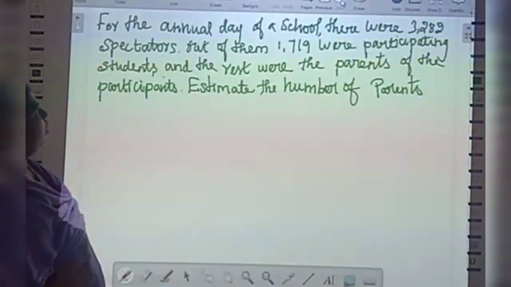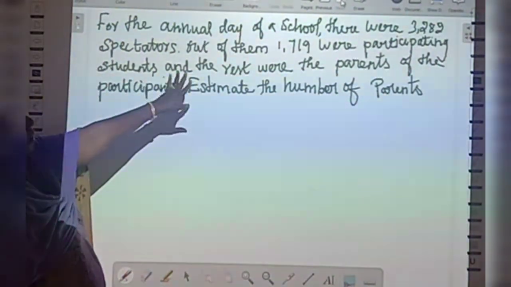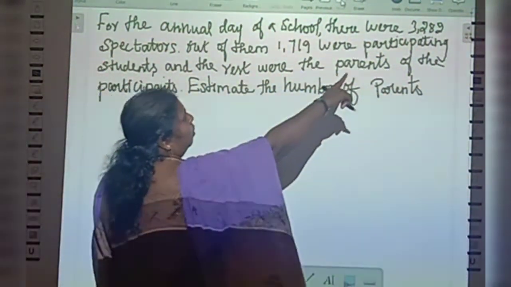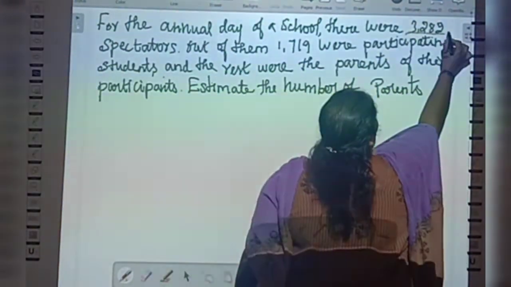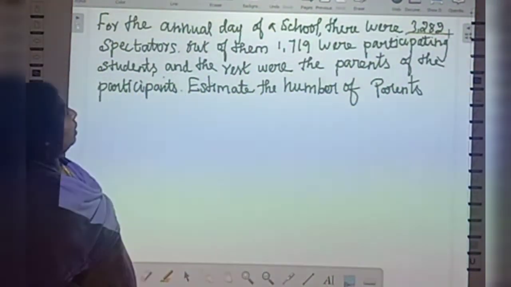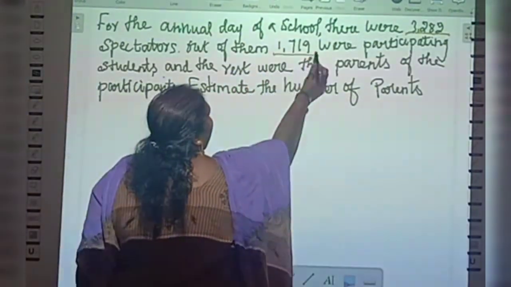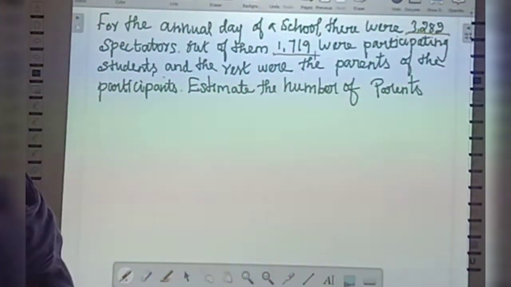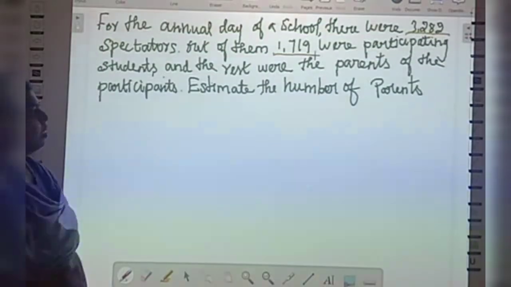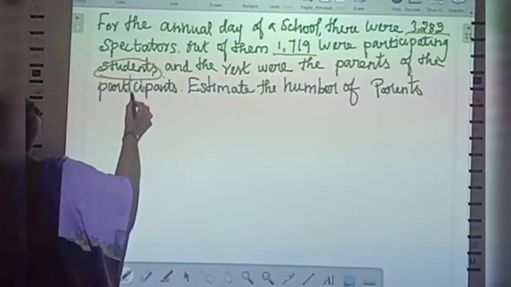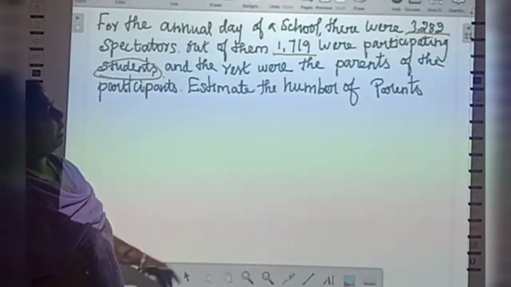Do you understand the question? The annual day, how many spectators are participating? 3,282. But out of them, 1,719 were participating students. And the rest were the parents.